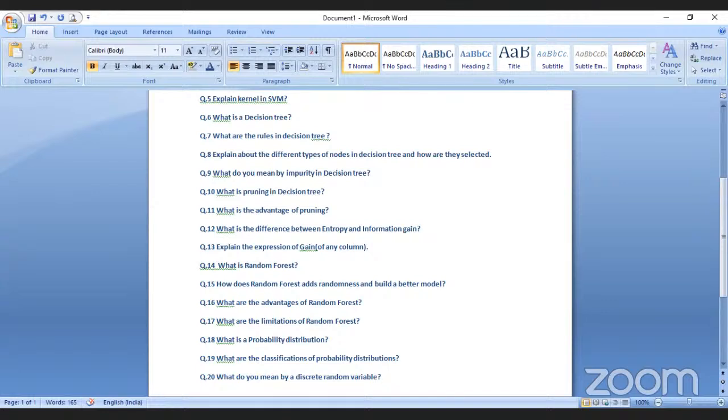If we can count the values, those are discrete values, such as a list of non-negative integers. So if we have a list of non-negative integers, then we have countable values, and those variables are called discrete random variables.